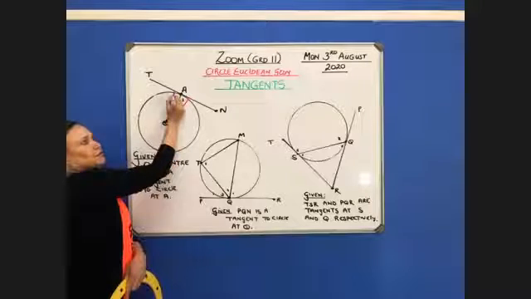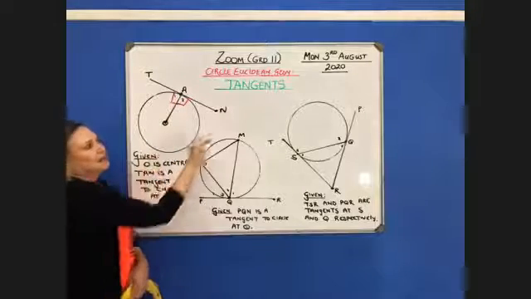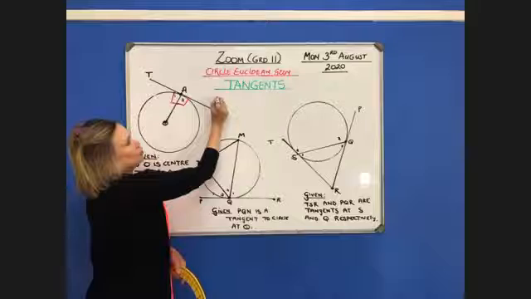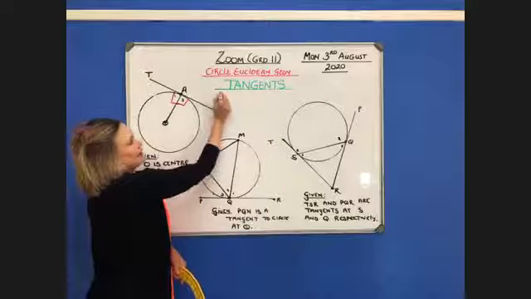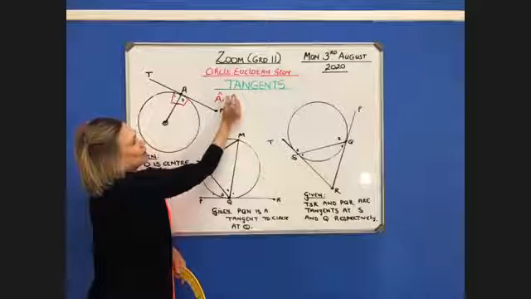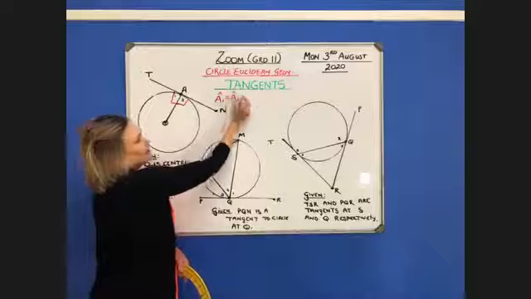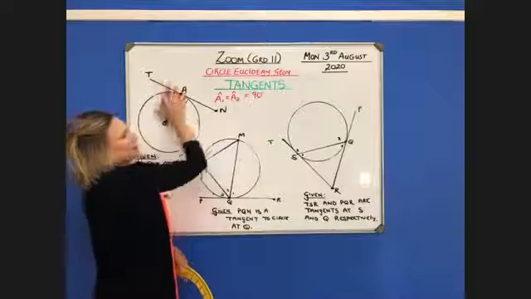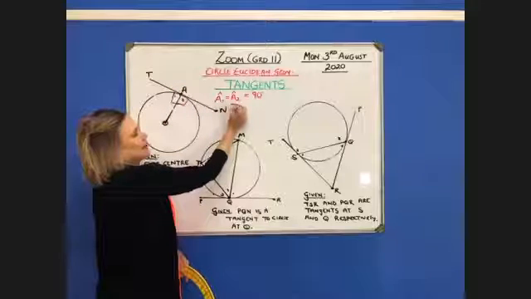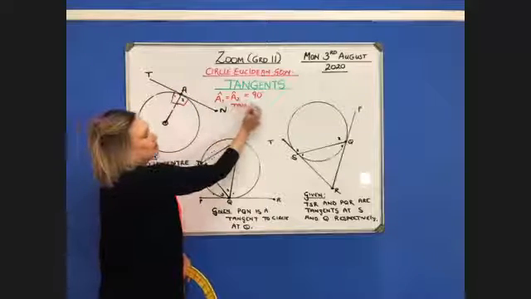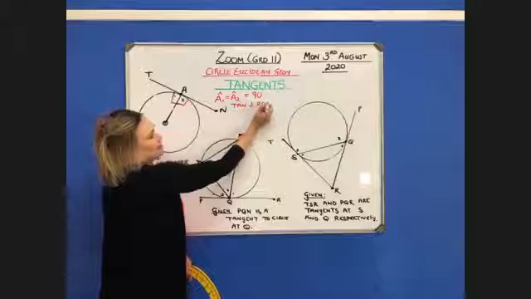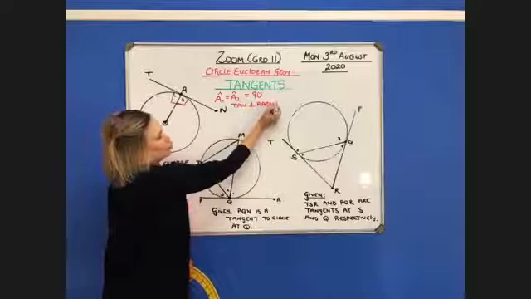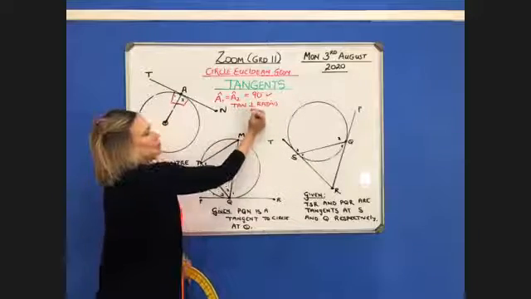So both of these angles would be 90. If you want to tell me why, you could go A1 hat equals A2 hat equals 90 degrees. The reason here, you just put tan perpendicular radius. And that would actually be worth 2 marks, which is quite cool.